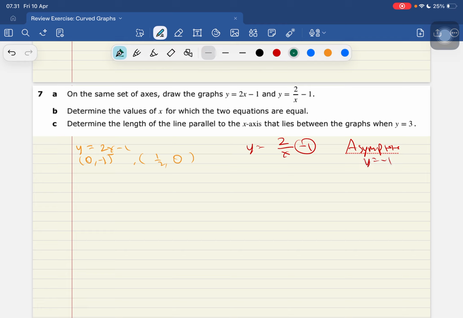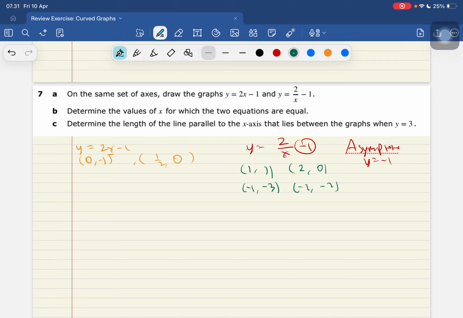Then you can just substitute, for instance, when x equals 1, y is going to be 1 as well. Another point, when x equals 2, y is going to be 0. Okay, it's positive. How about negative? Let's try it. When x equals -1, y is going to be -3. When x equals -2, y is going to be -2.